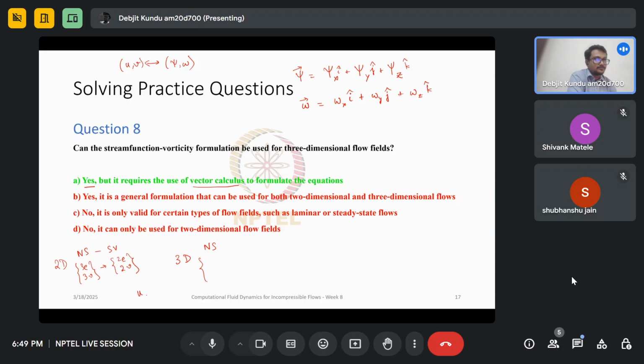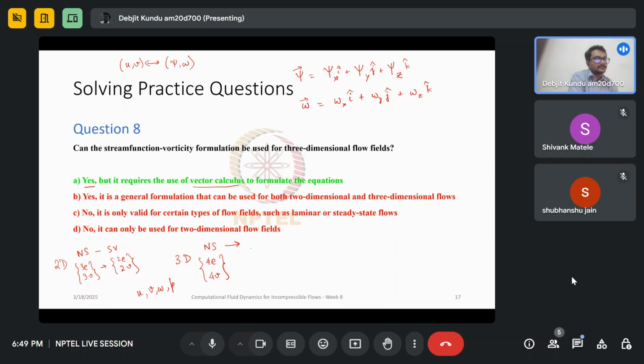You simply have U, V, W, and P. So four unknowns, as well as four equations: the continuity equation and the three momentum equations: x momentum, y momentum, z momentum. So you have four equations and four unknowns.